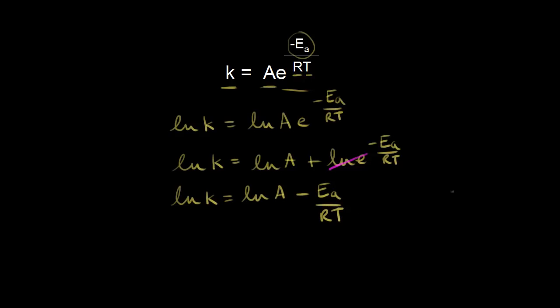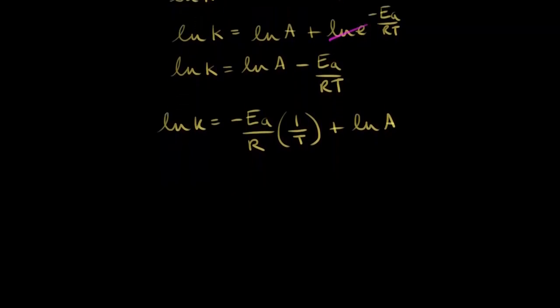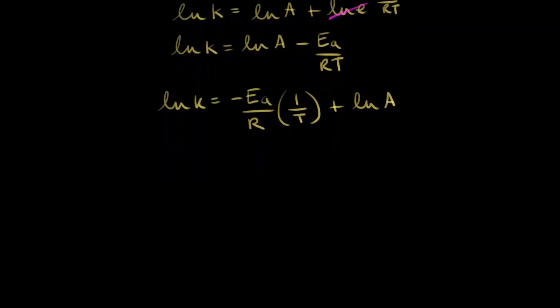And I'm just going to rewrite this as natural log of k is equal to negative EA over R times 1 over T plus the natural log of A. The reason I wrote it this way is it's easier to see the form y is equal to mx plus b.